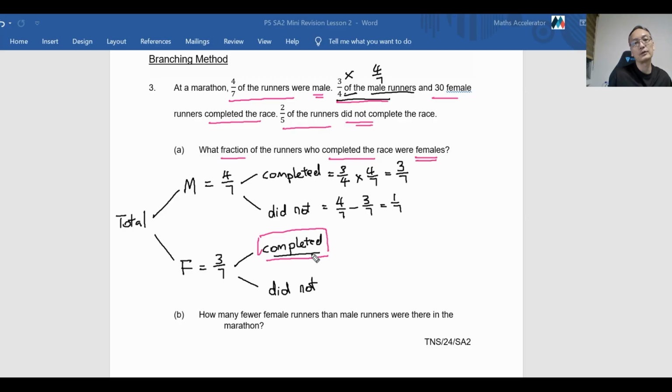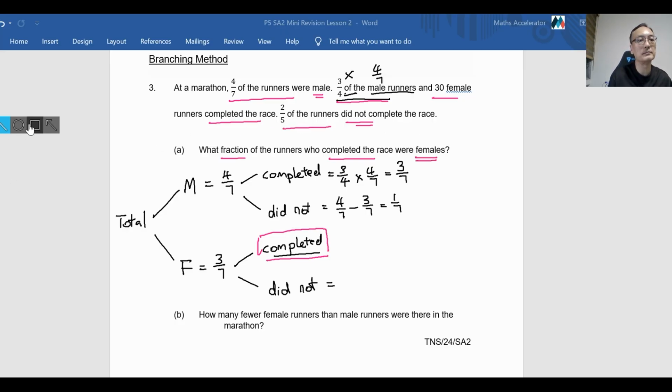So in order to find the fraction for this segment, we need to find the female runners that did not complete. We have information that 2/5 of the runners did not complete the race. This consists of both the male and the female.